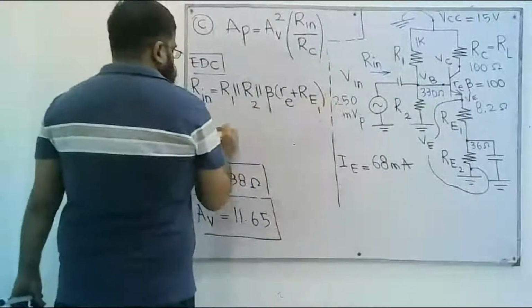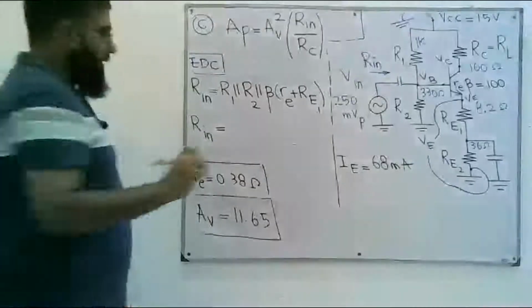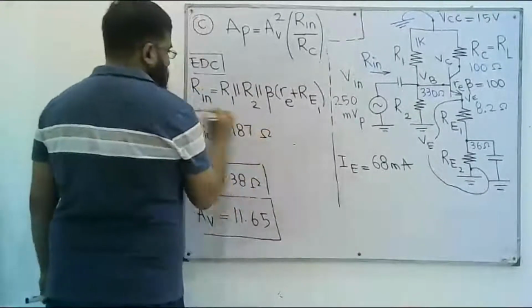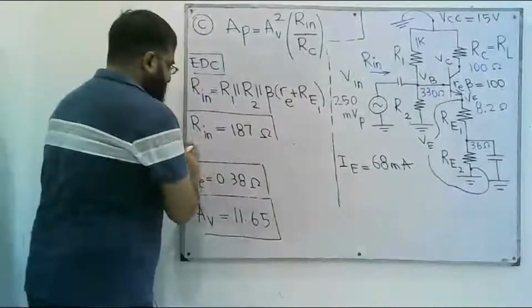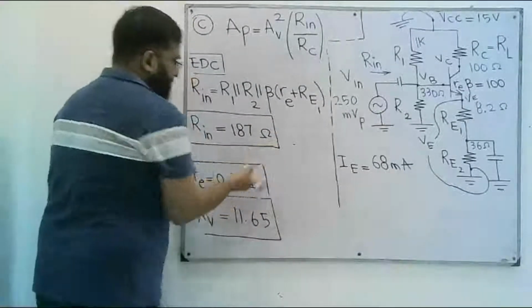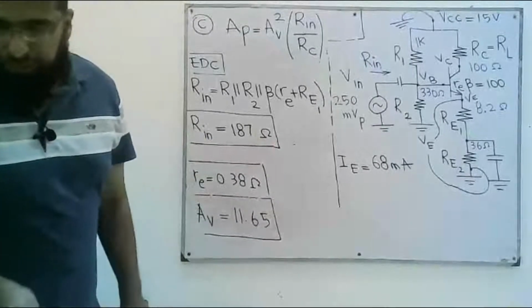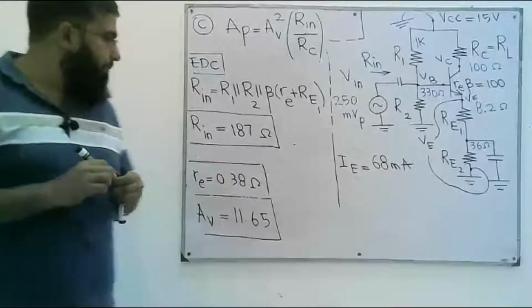Plug all these values and you get Rin equal to approximately 187 ohms. There is one approximation in the value I have computed. It would be around 190 ohms if you don't take those approximations.